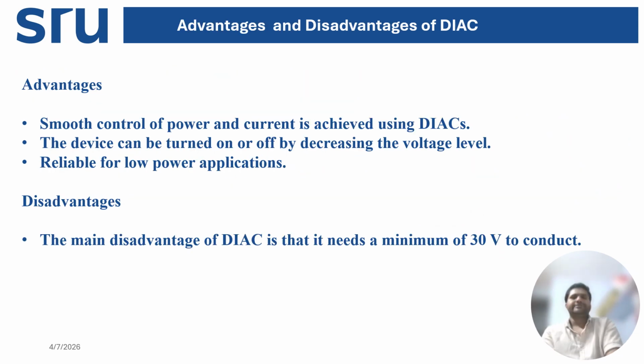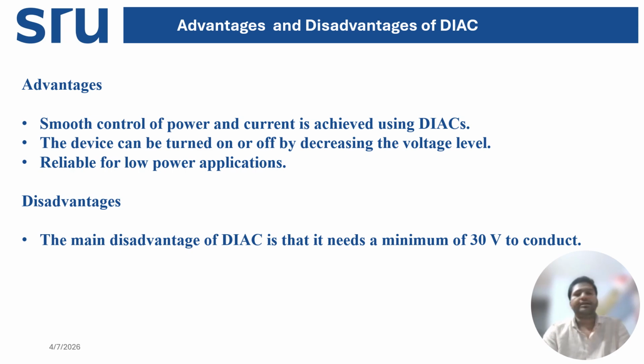So advantage and disadvantage of DIAC. Smooth control of power and current is achieved using DIAC. The device can be turned on or off by decreasing the voltage level, reliable for low power applications.